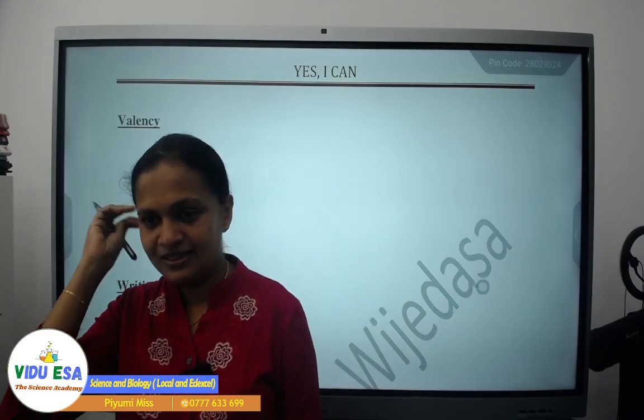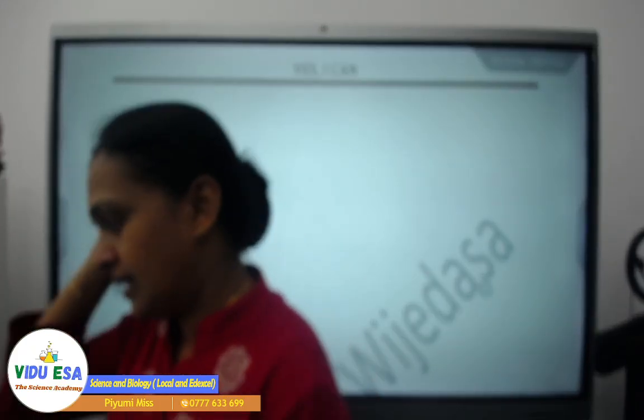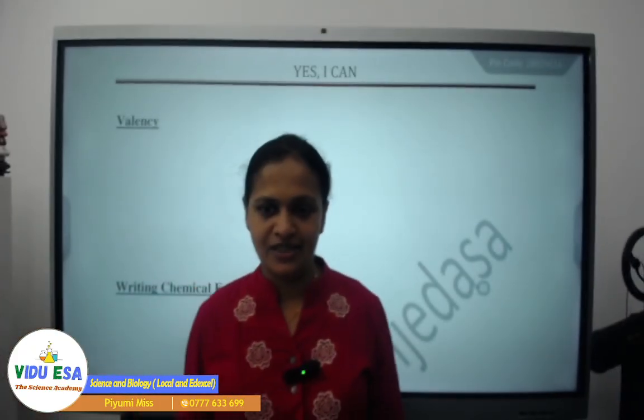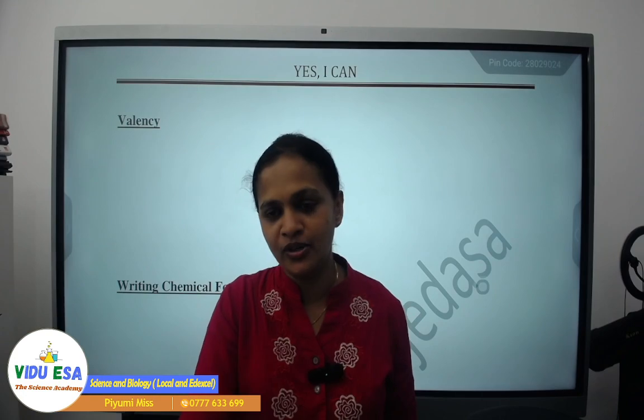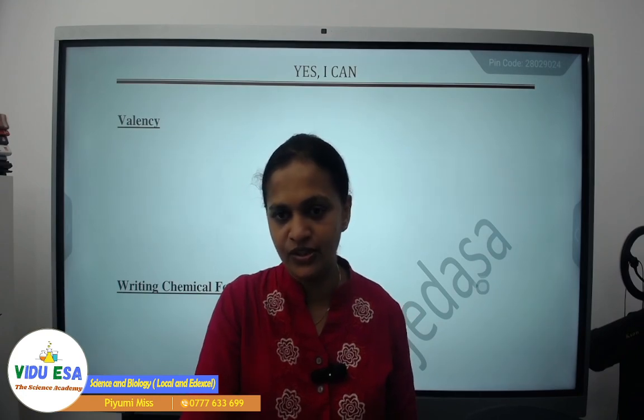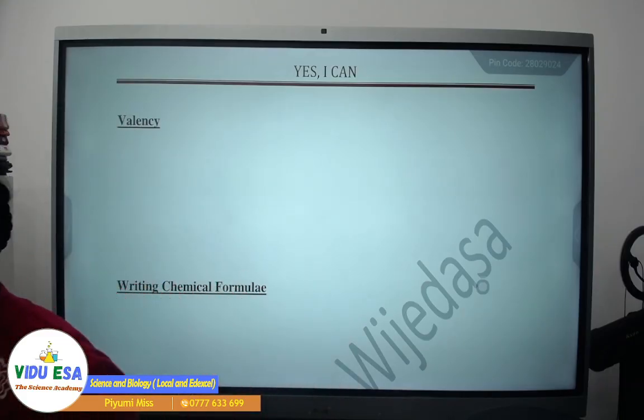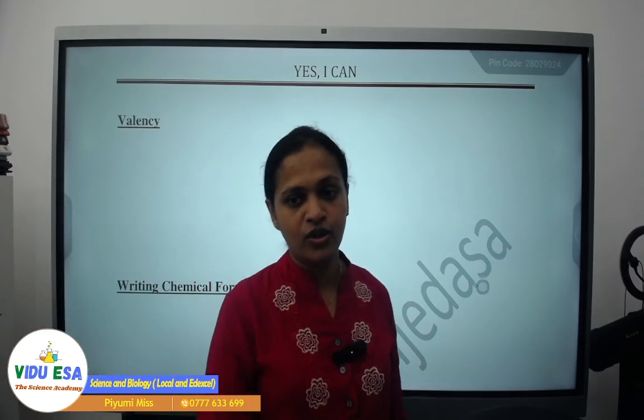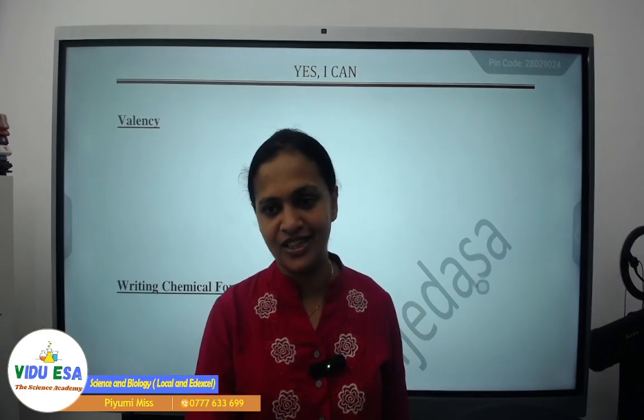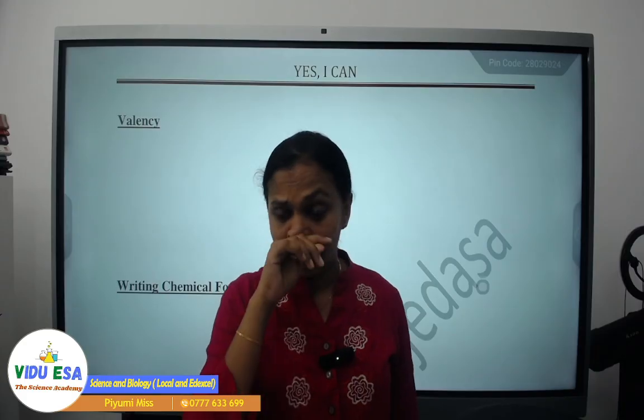Now, what do you mean by valency? You learned about the electronic configuration, and then about the stable electronic configurations of noble gases. I mentioned that most atoms try to obtain this stable electronic configuration by different methods.